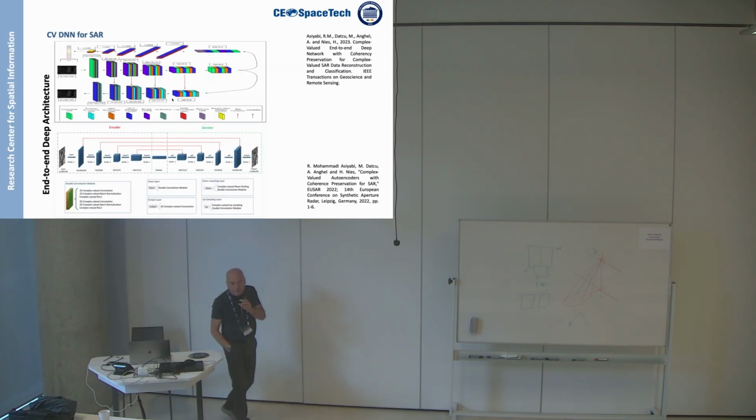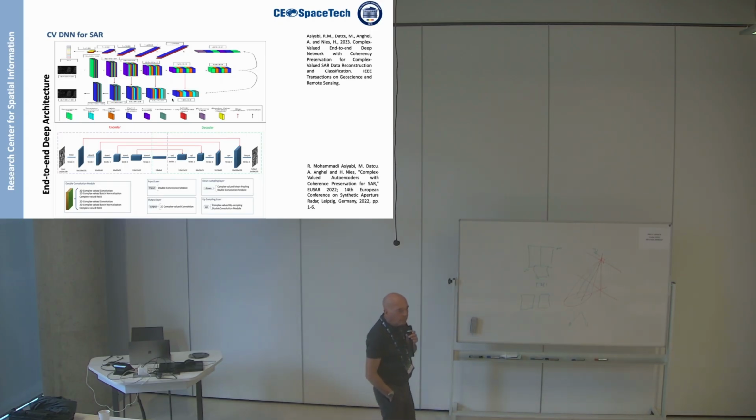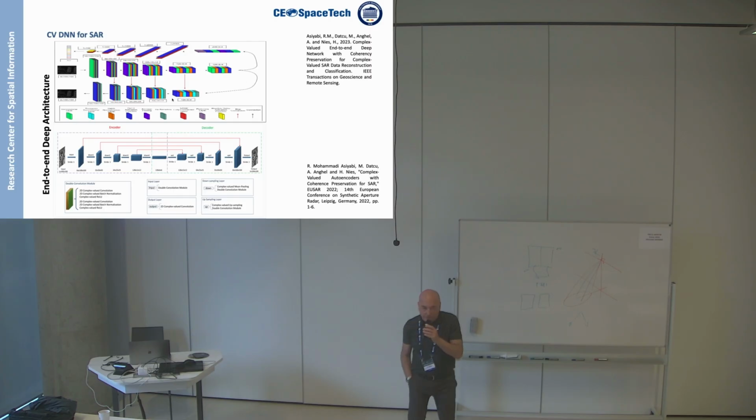This is a deep learning architecture for complex-valued signals. Now, we notice that synthetic aperture radar is not only a signal which has amplitude and phase, a real and imaginary part, but it is a signal which has properties due to the image formation, this Doppler differentiation of the targets.